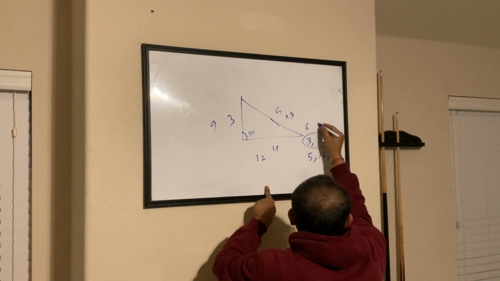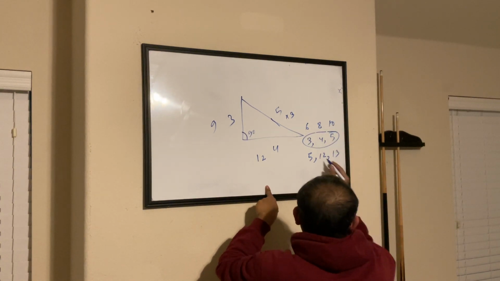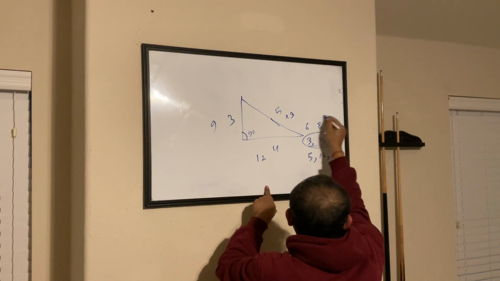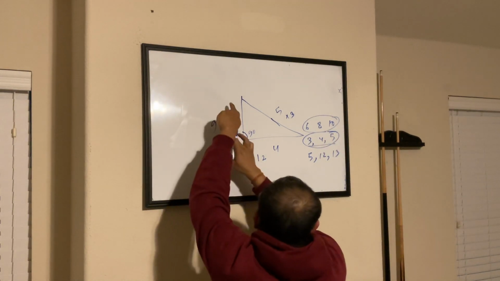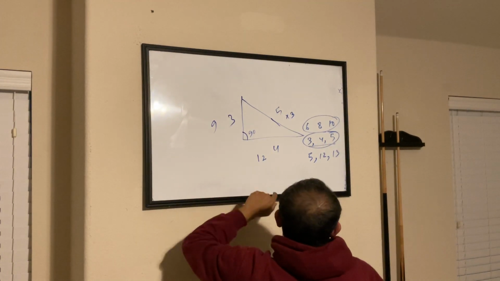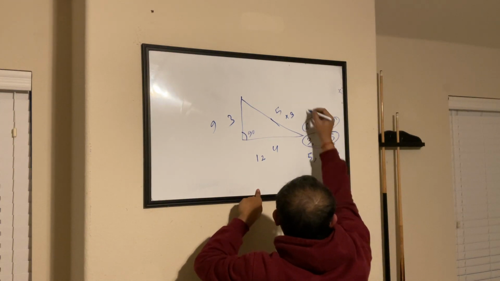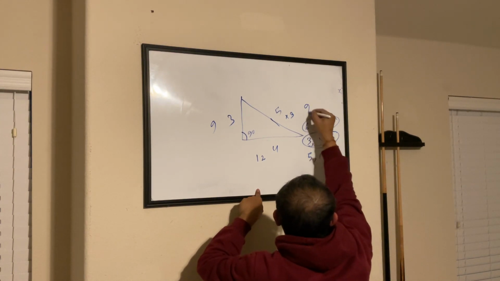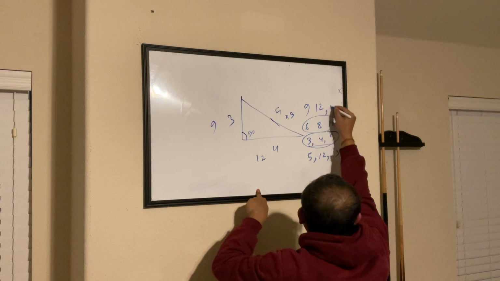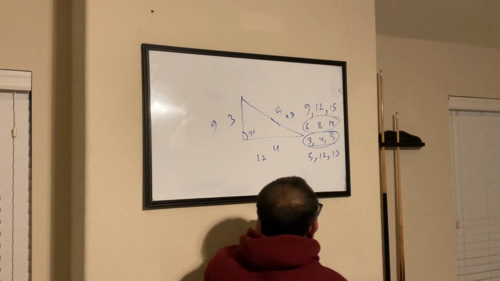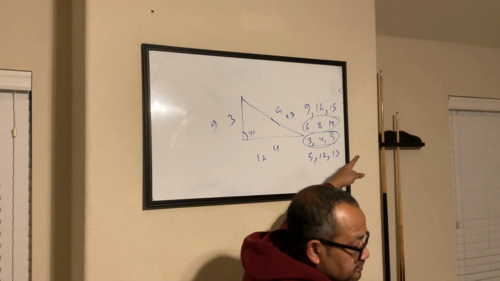So 6, 8, 10 will be a combination if you multiply this by 2. If you see your sides are 6 and 8, you can by default say 10. If you multiply this by 3, so 9, 12 and 15 will be another combination. Like what Vivan was saying, the 3, 4, 5 rule.